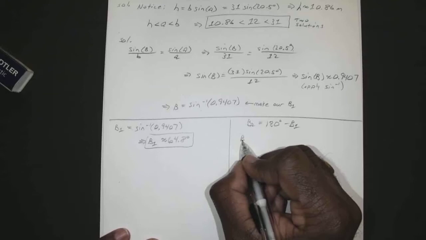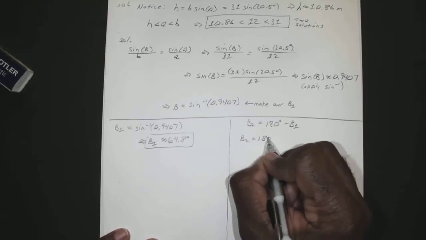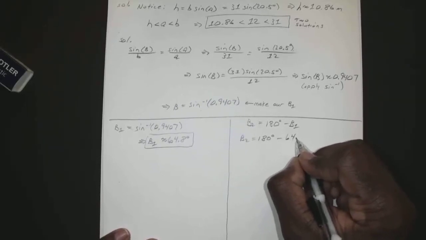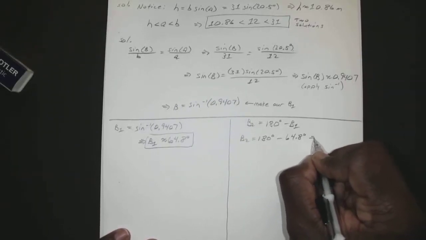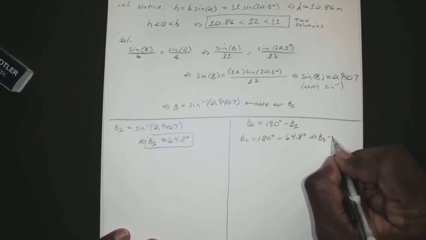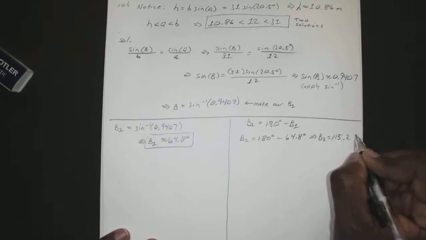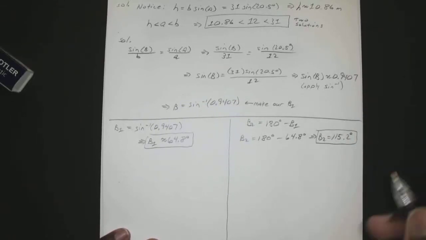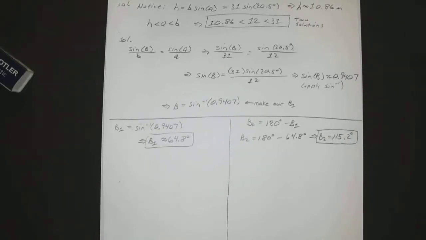So B2 is 180 degrees minus 64.8 degrees, which is 115.2 degrees. That's why I usually put them side to side. As soon as you get to the B, I normally just stop right there and separate it, because B1 and B2 are so closely related.